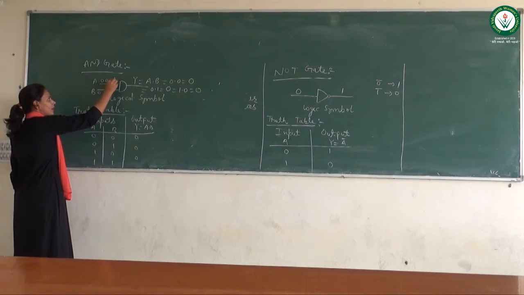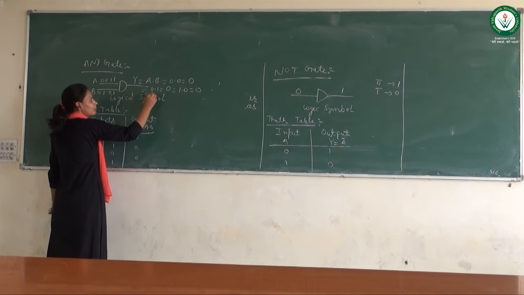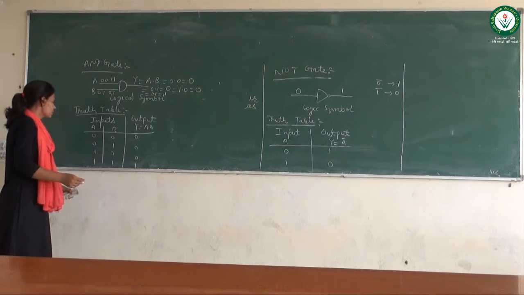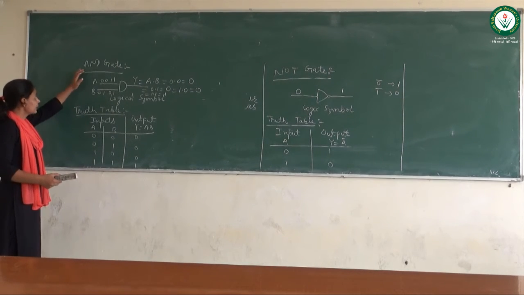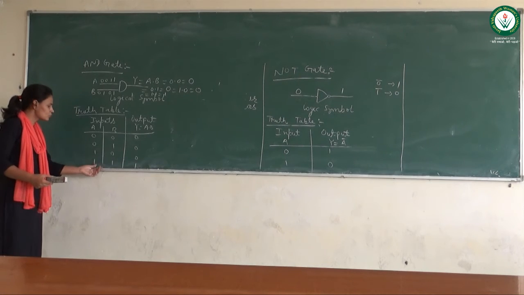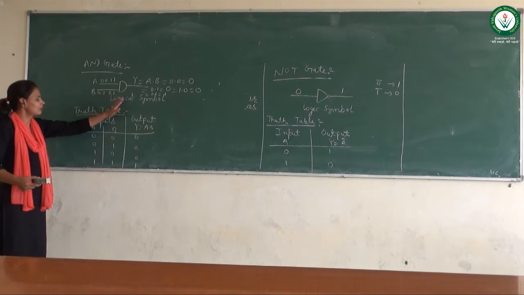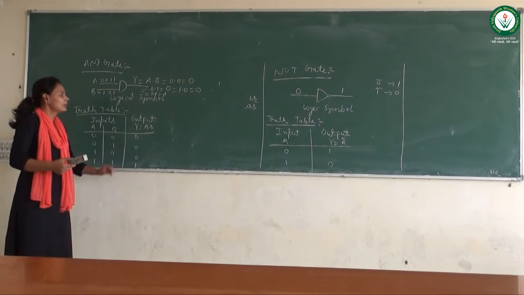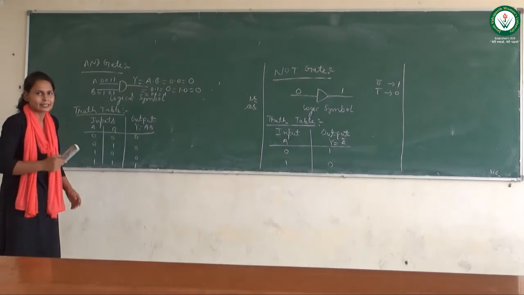When A is 1 and B is also 1, then the output of AND gate will be 1 into 1, it will be 1. So we can say that if all the inputs of the AND gate are high, then the output of the AND gate will be high. Otherwise, the output of the AND gate will be low. 0 means low, 1 means high.